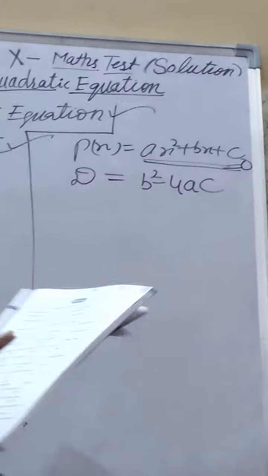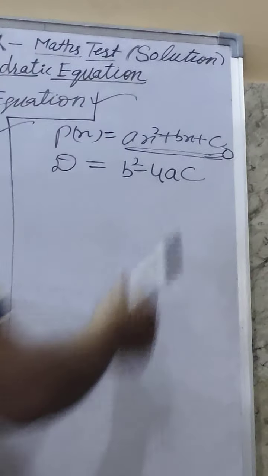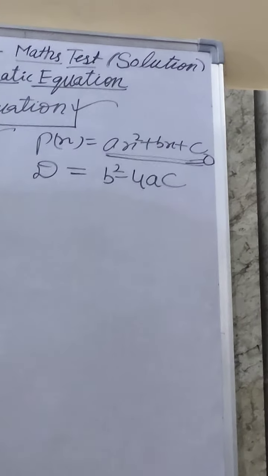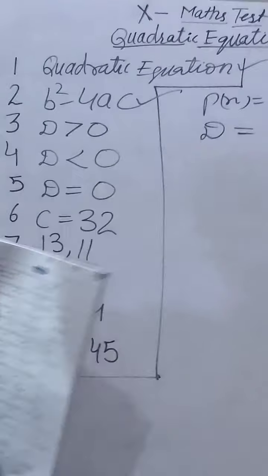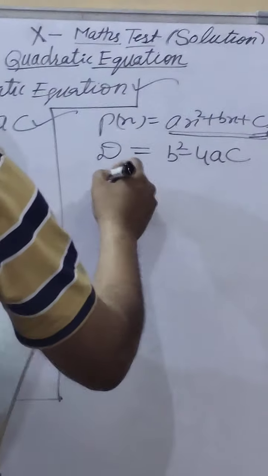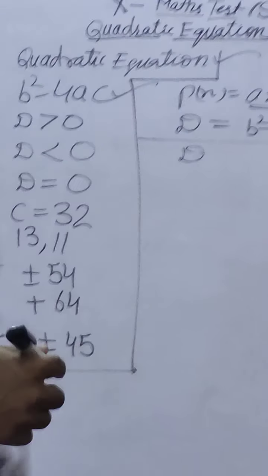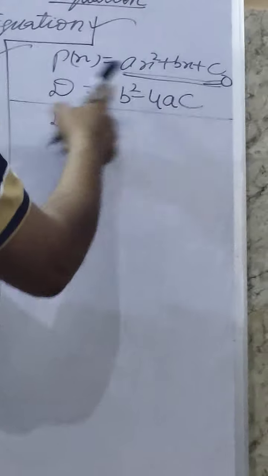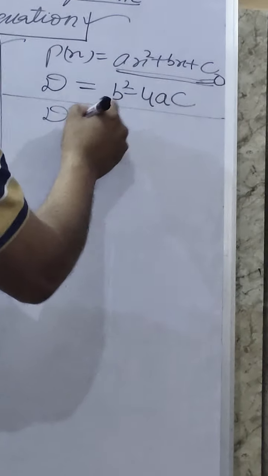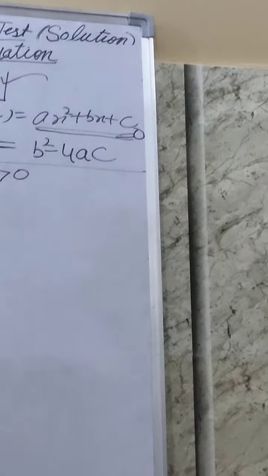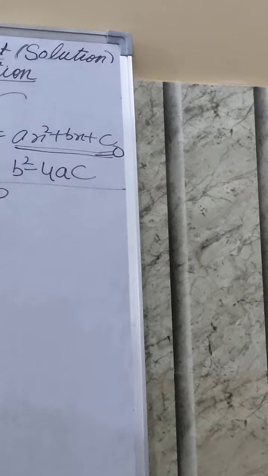And third question was, the quadratic equation ax square plus bx plus c equal to 0 has two distinct real roots. So about D is speaking. So for distinct real roots, it was told, explained every result. You are getting first b square minus 4ac. If D greater than 0, then roots are real and distinct.